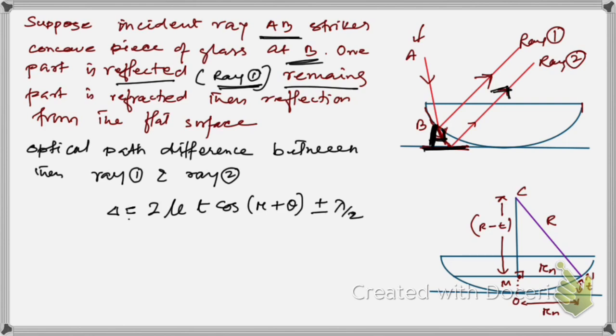Here I have shown just the width, so let me adjust. So this is the t, and mu is the refractive index of this air film.